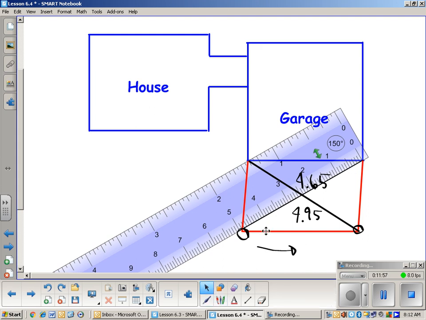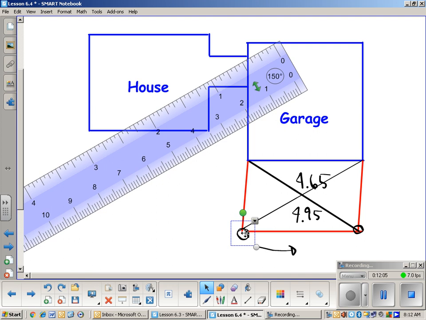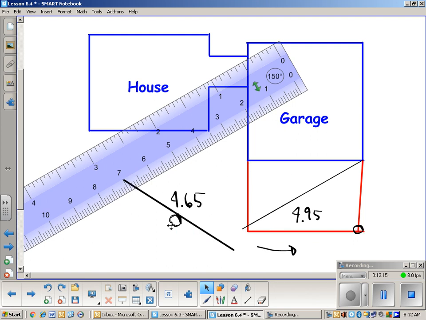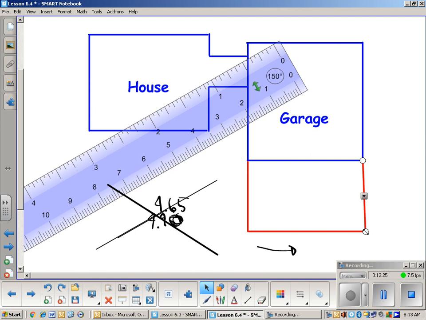So I take my form board and I move it over a little bit. And I move this one over to match up on the end of it. And I get something that looks like that. Looks like there we go.